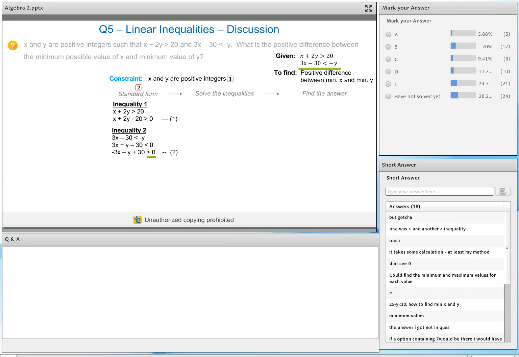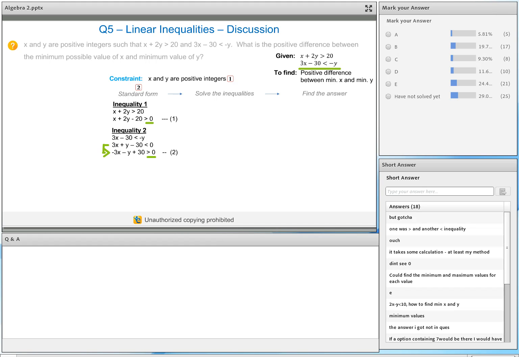Then I have to make sure that both the inequalities have the same sign, greater than sign. So I multiply both sides with a negative number, and I get minus 3x minus y plus 30 is greater than 0. Because when I multiply both sides by a negative number, the sign of the inequality changes, and that's what I want to do.